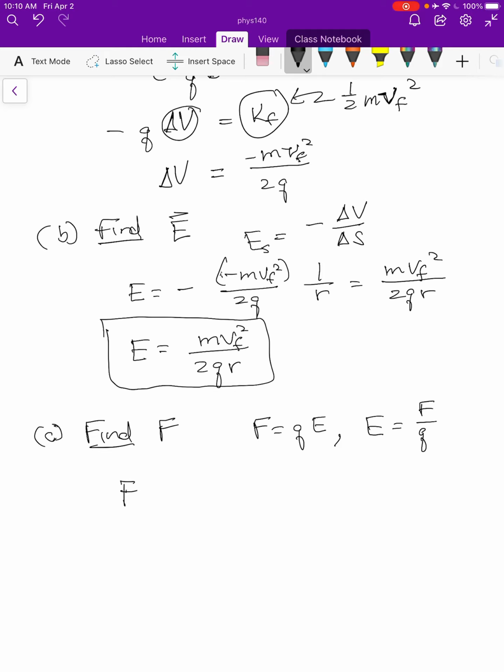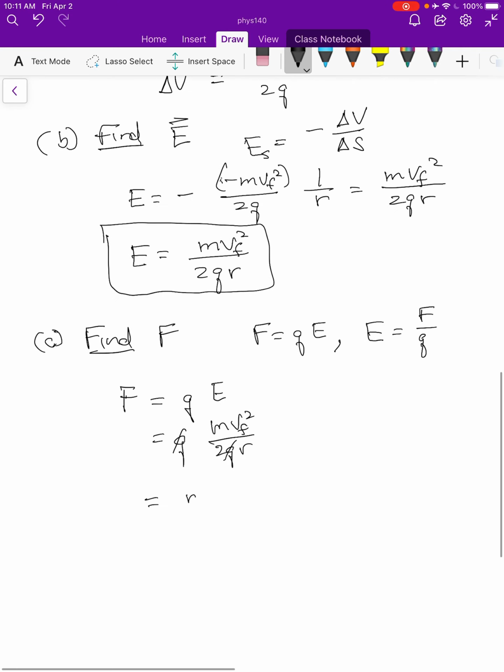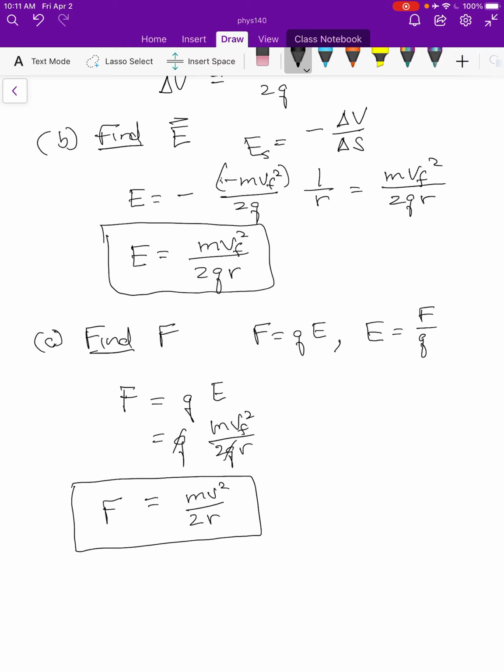So the force is Q times E, and so that would be Q times m v final squared over 2qr. And so my charges cancel out, and I get m v squared over 2r is my force, the average force. And that's it.